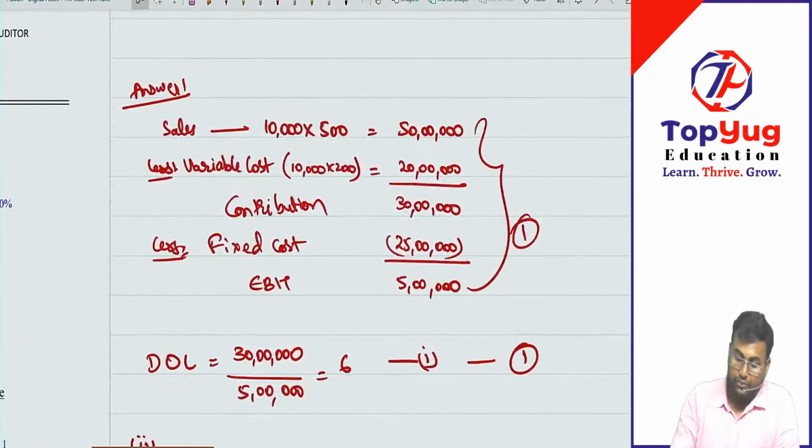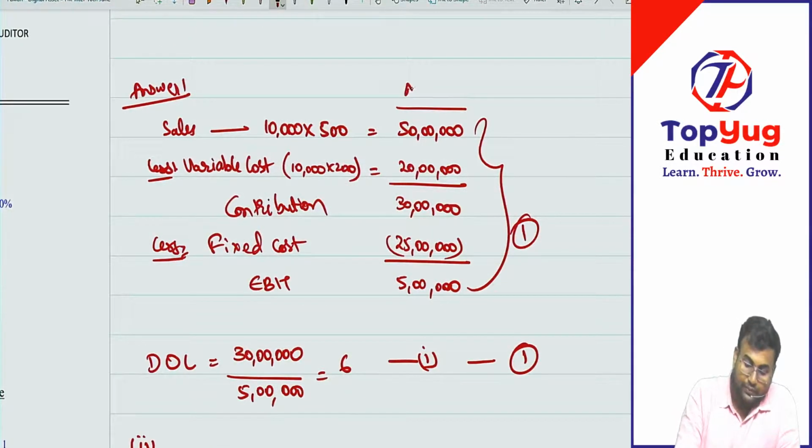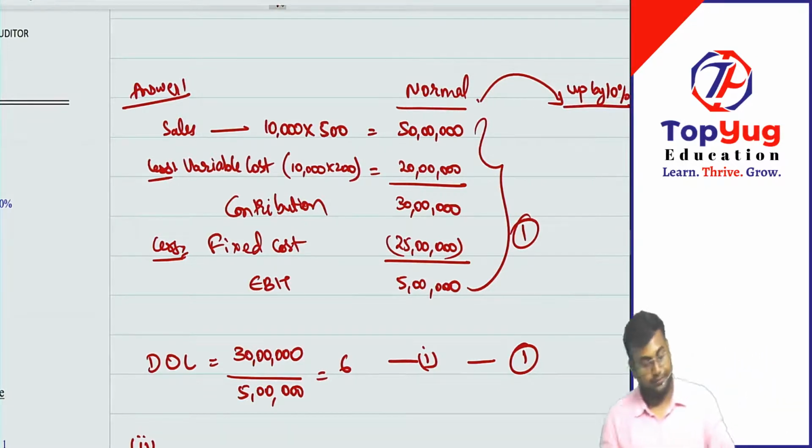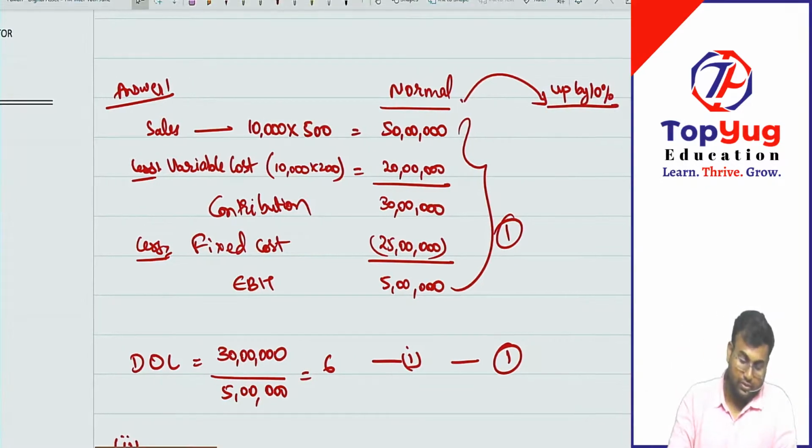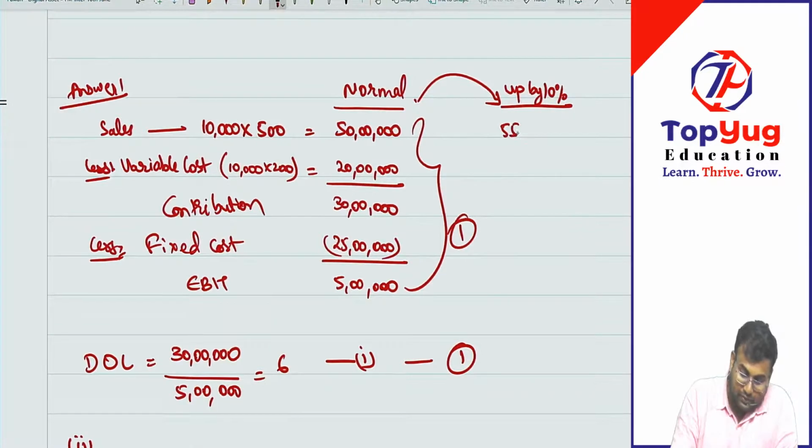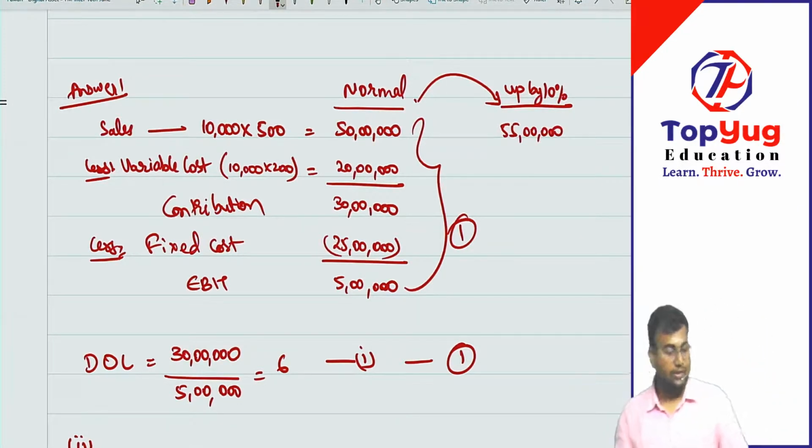So what you can do, simply do, here normal, here, up by 10%. So how much is it? 55 lakhs. Done. Then minus what?